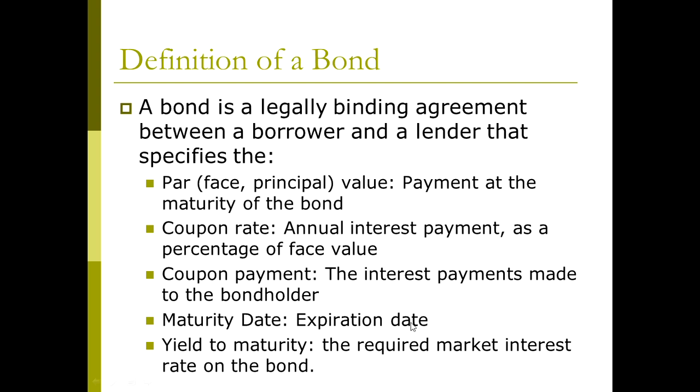Some bonds have an expiration date of 3 years, some have 30 years, some even longer. Yield to maturity is the required market interest rate on the bond. You can think of yield to maturity as your total return if you hold the bond until the last day or on the expiration date.